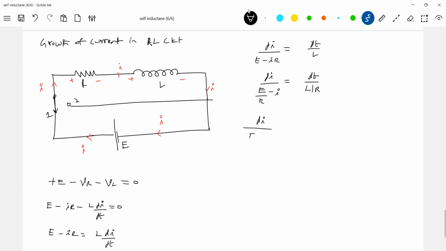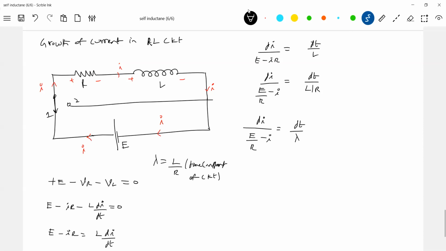I'll call that the time constant of the circuit, lambda.